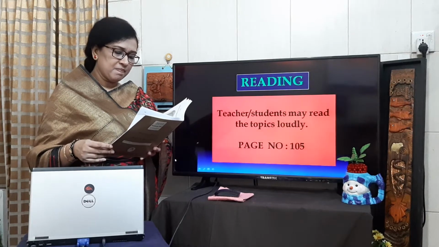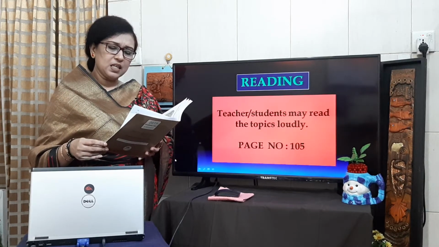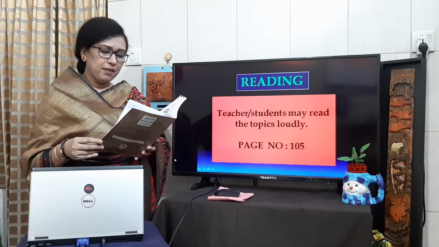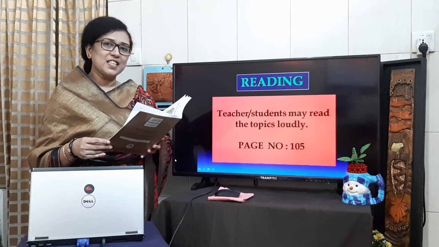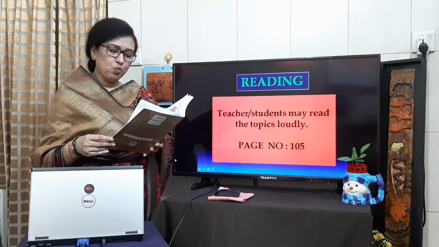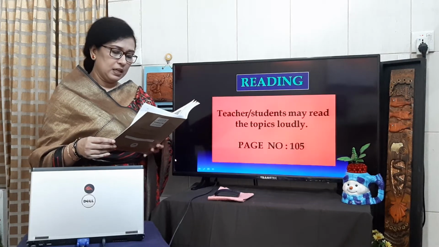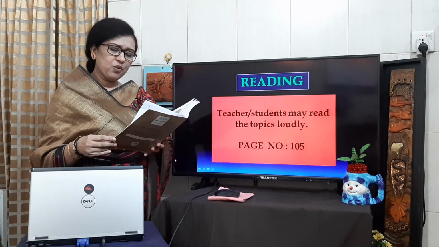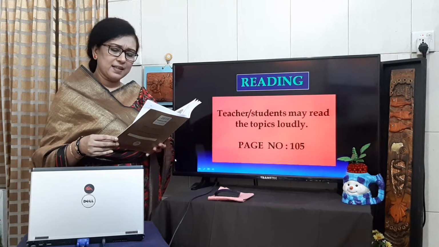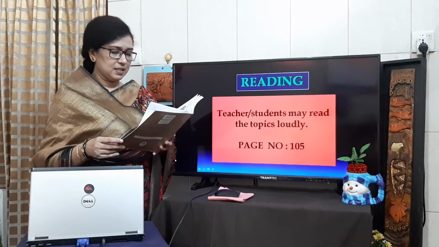Unit number 9, lesson number 1, the wheel. Page number 105. Human beings have invented many important things so far. They have brought great civilization to the world through these inventions. Do you know which invention is the greatest? It is the wheel. A wheel is a circular object. It can rotate around its axis and help easy movement of things across a surface.